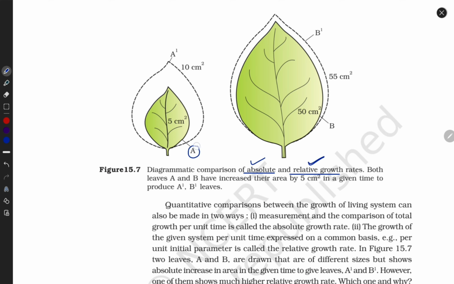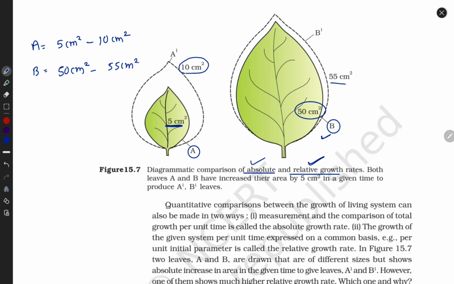Assume this is leaf A and this is leaf B. At the initial time, the surface area of leaf A is 5 centimeter square, and at the initial time, leaf B has a surface area of 50 centimeter square. They increase. How much? They increase at a specific time by 10 centimeter square, to 55 centimeter square.